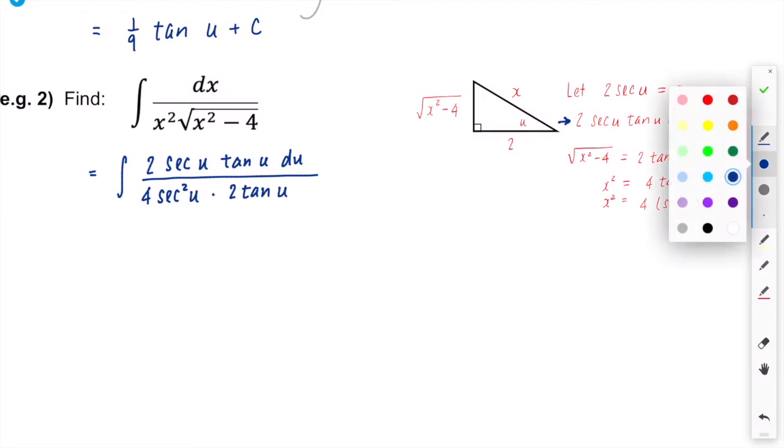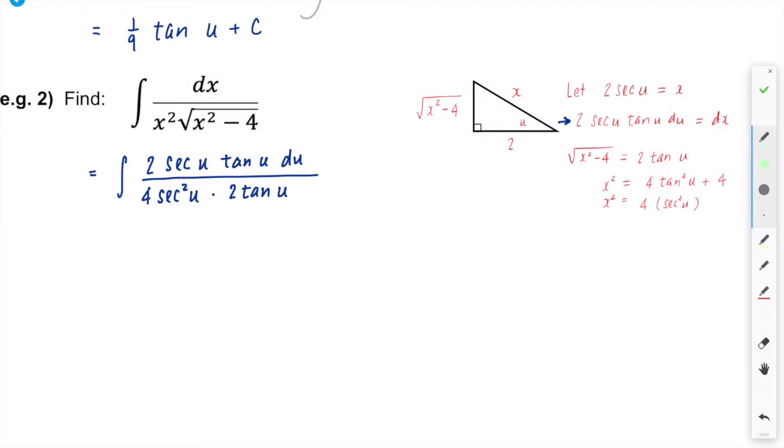Let's simplify. 2 and 2 gone, tan and tan gone, one of the secants gone. I have 1 over 4 times 1 over secant u, which really is cosine. Look how easy it is now to integrate cosine u.